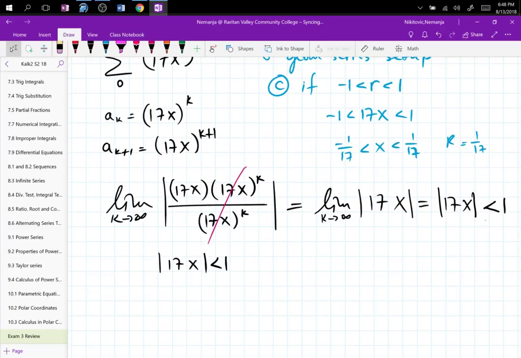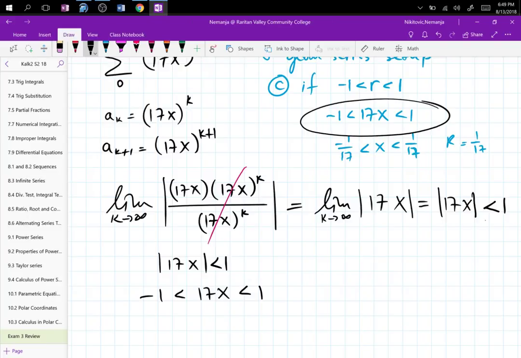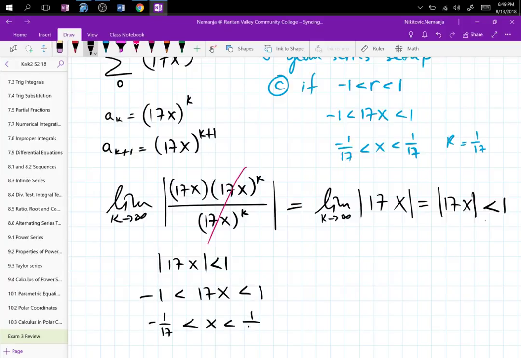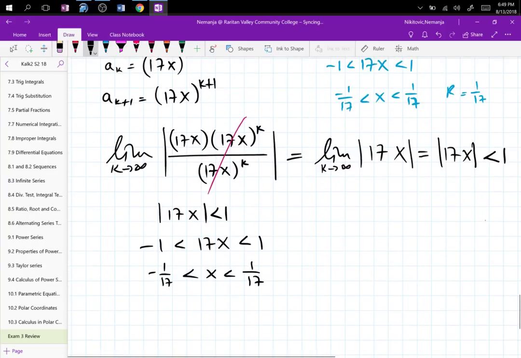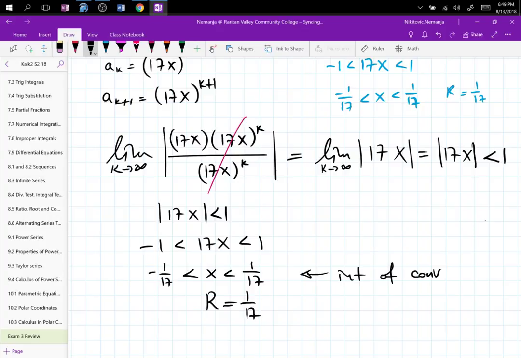If you know your algebra, you know that you need to put that in between -1 and +1, which is already this step here. And then we pick up from there: -1 over 17 less than x less than 1 over 17. So that's the interval of convergence, and then r equals 1 over 17 is the radius.